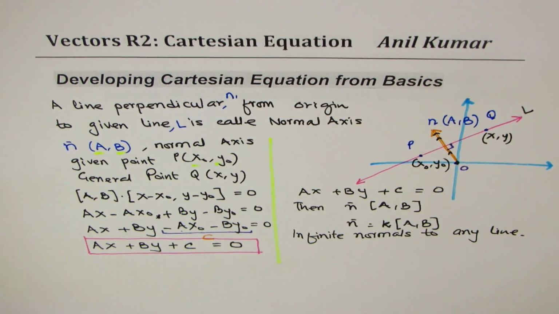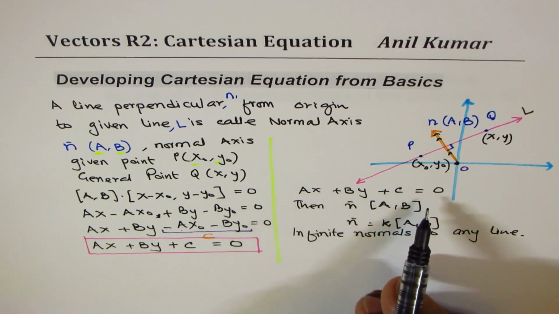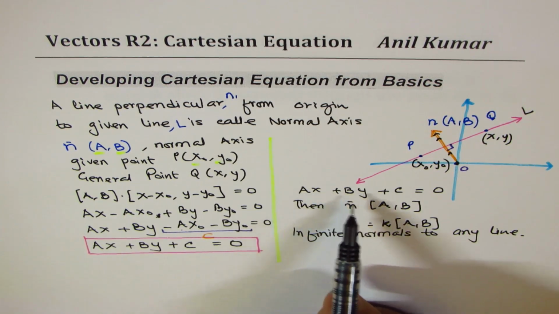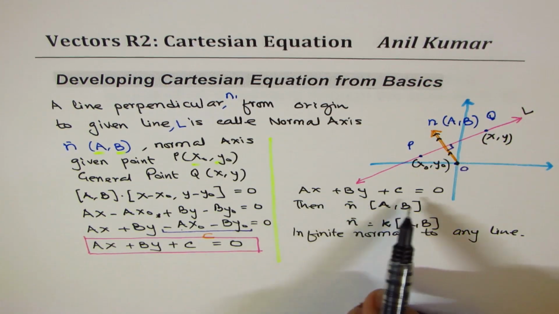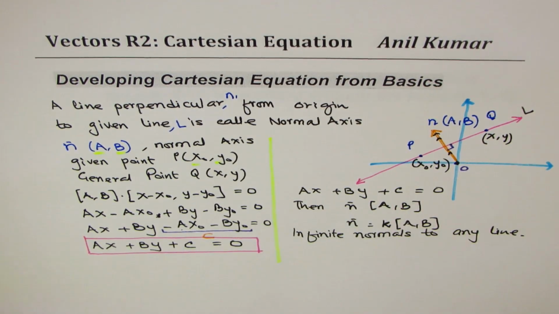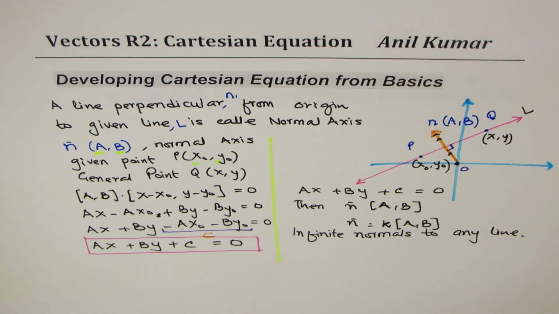Do you see that? So that is also one thing which we can conclude. Now in this equation, as you can see, it is in terms of general point x and y. So this equation is a unique equation to represent a line in vectors. With this, we have also derived the formula for the Cartesian equation.